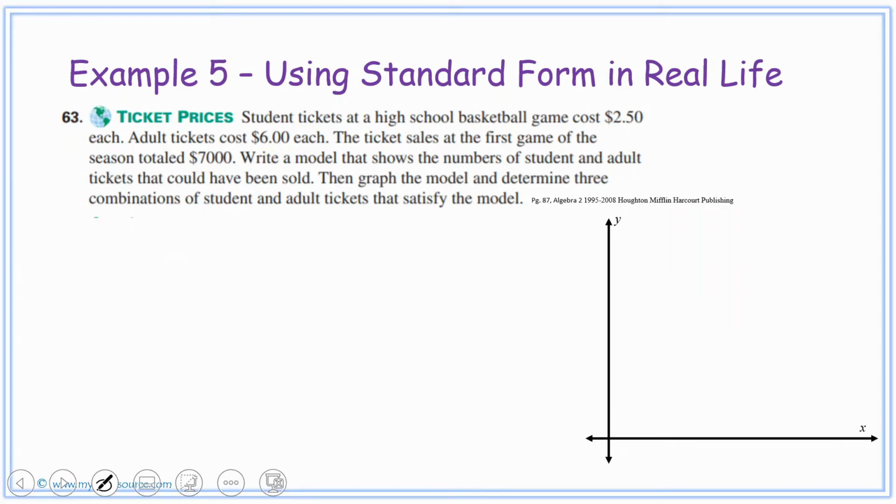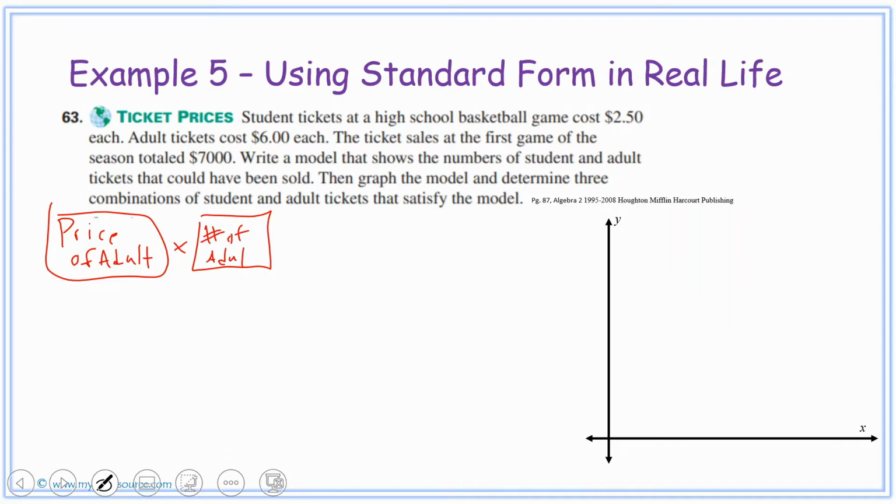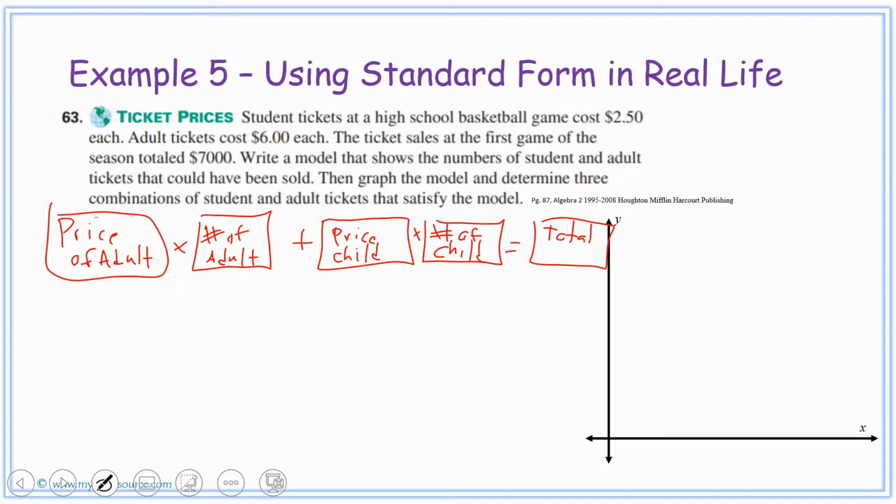So in terms of our verbal model, we're going to have the price of adult times the number of adult tickets, plus the price of the child times the number of child tickets, and that will all equal the total sales.